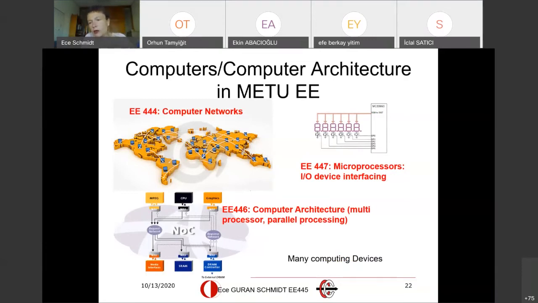So it also addresses how you make multiple computing devices work together. Okay, so additional to this stack, we have basically a dedicated course in the second term that describes how many computers can work together in a network. That's also strictly a computer course.